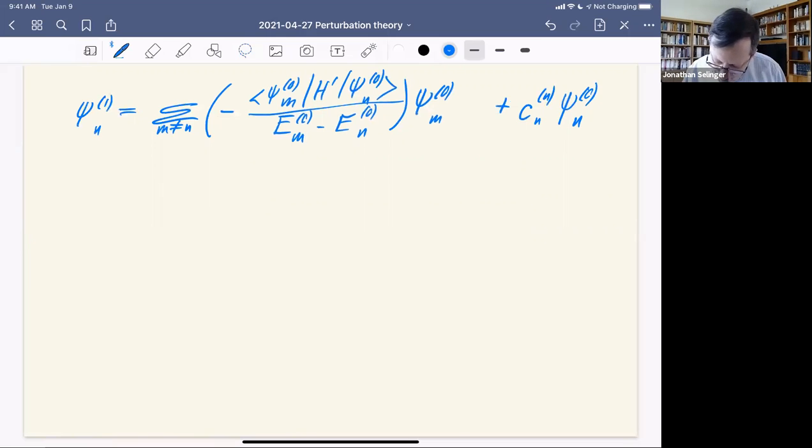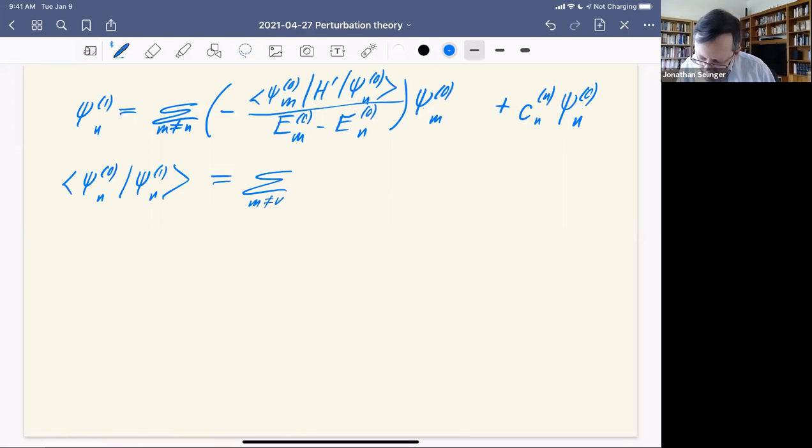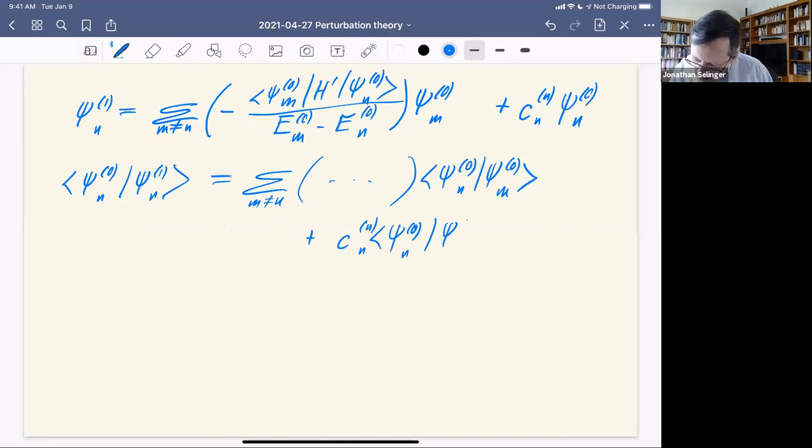The inner product of psi 0n with psi 1n, that is this whole sum over m not equal to n, all that stuff in parentheses, psi 0n, psi 0m, plus cnn psi 0n, psi 0n, and all that should be equal to 0.